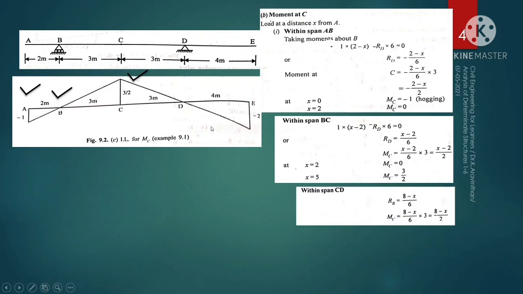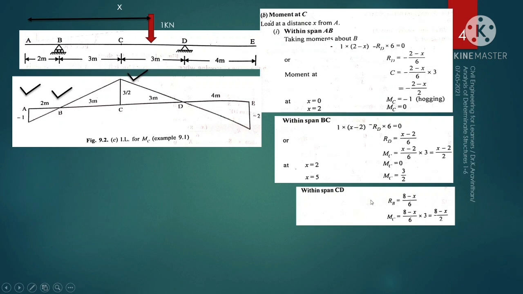Within span C and D, the same process. You have to place a unit load and the distance x is considered here. Now after this point C, let us take the moment from D. So RB into distance will be 6, and this will be anti-clockwise.